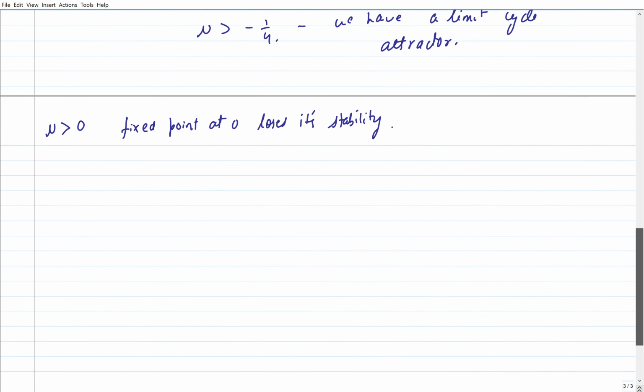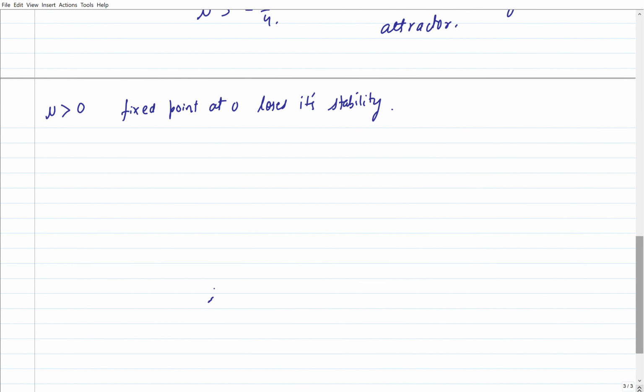So for mu greater than 0, I have these two limit cycles.